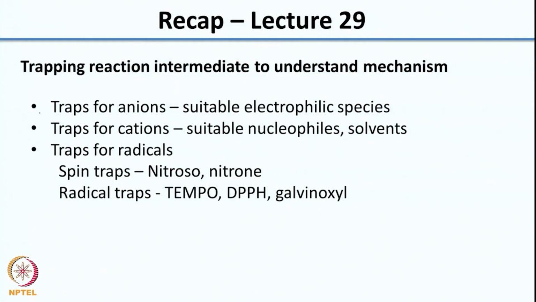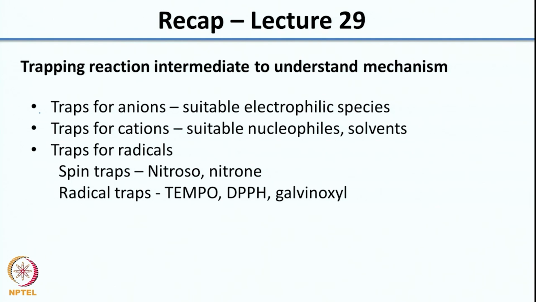Towards the end we had looked at traps for radicals, and in radicals there are two types of traps. One type of trap quenches the radical, so these are called radical traps. The other type of trap retains the spin or the radical nature, and these are called spin traps.